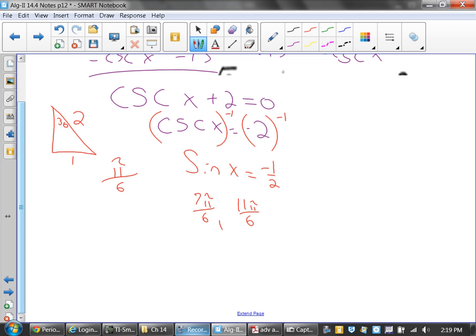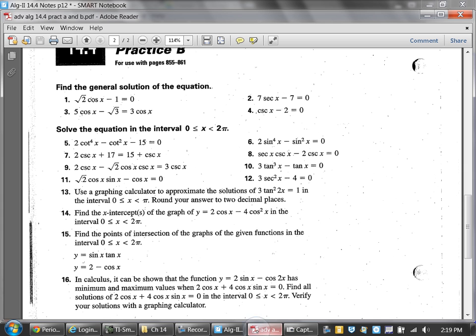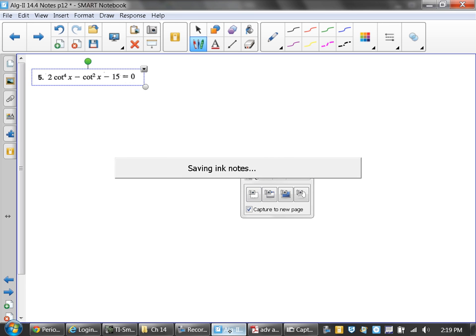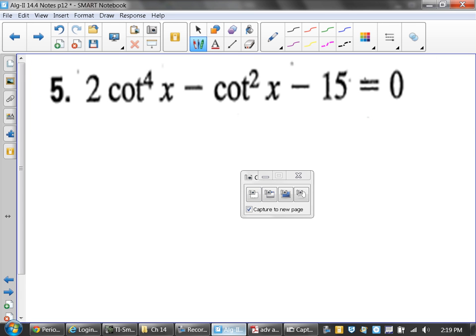Take a look at the one above that. I think it's the cotangent one. Yeah, number 5. What I want to do with this one is I want to use that u substitution again.